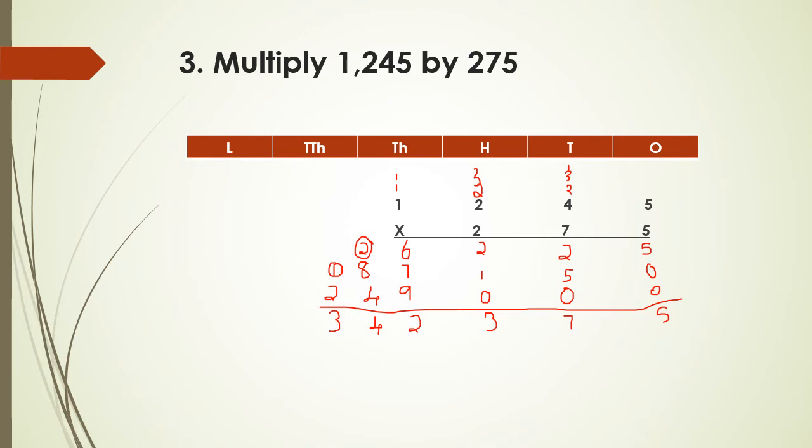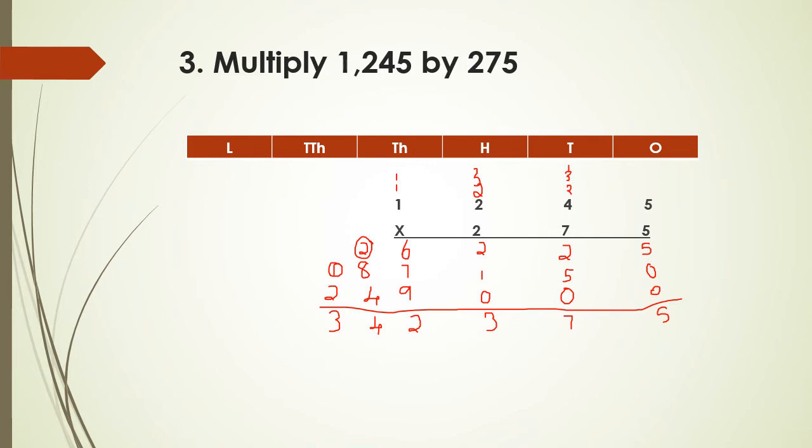5 times 4 is 20. 20 plus 2, 22. 2 carry over. 5 times 2 is 10. 10 plus 2 is 12. 1 carry over. Then 5 times 1 is 5.